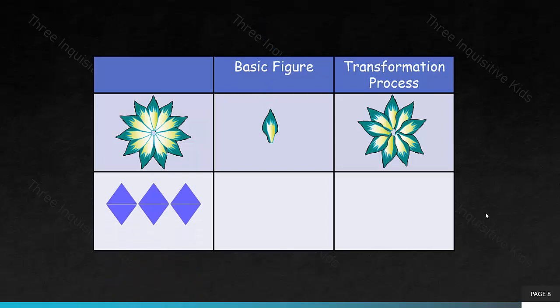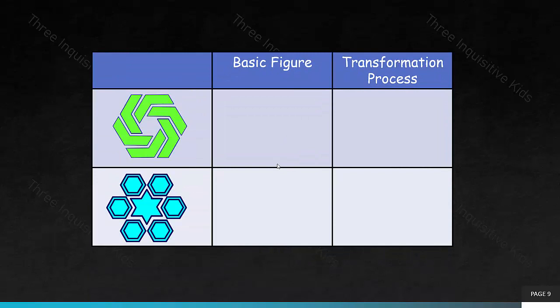As you can see, it's getting rotated around the origin. The basic figure for this pattern is one rhombus, and its transformation process is that. What's the basic figure for the green picture? Well, it's one of these arrows, and this is its transformation process.